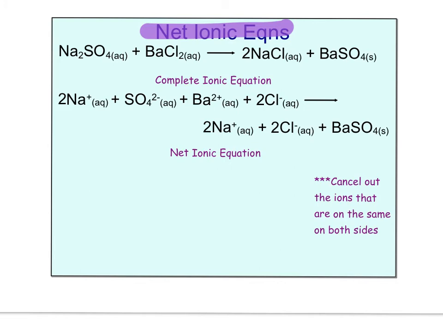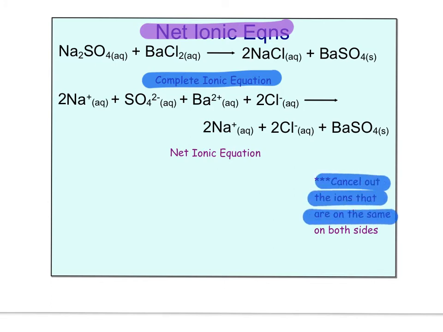So how we can figure that out is taking the complete ionic equation from before. This is an example that I had taken from the first problem, so I just retyped it out. And then what you do is you cancel out ions that are the same on both sides. So you're going to look at the reactant side, look at the product side, and anything that's the exact same on both would get crossed out.